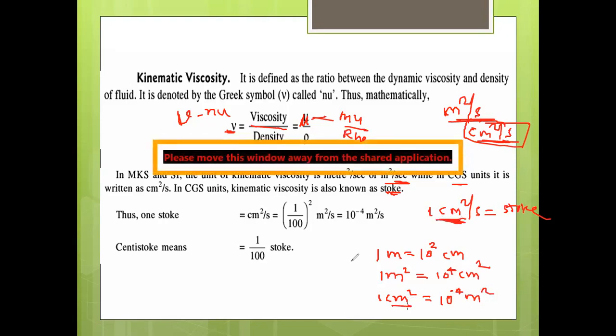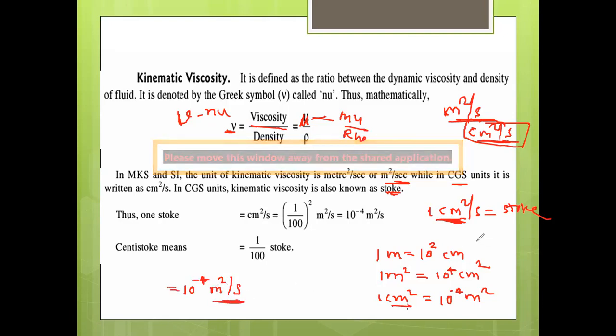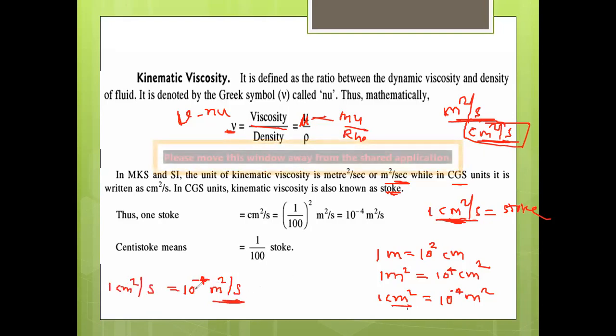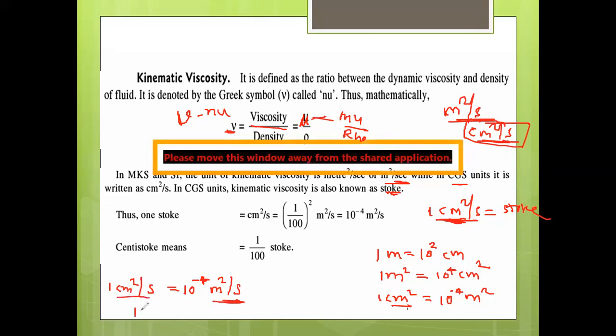Now, if I put 10 to the power minus 4 meter square per second here, you can see this is the SI unit, and in CGS unit, 1 centimeter square per second is equal to 10 to the power minus 4 meter square per second, or 1 centimeter square per second is nothing but 1 Stoke. 1 Stoke is equal to 10 to the power minus 4 meter square per second.